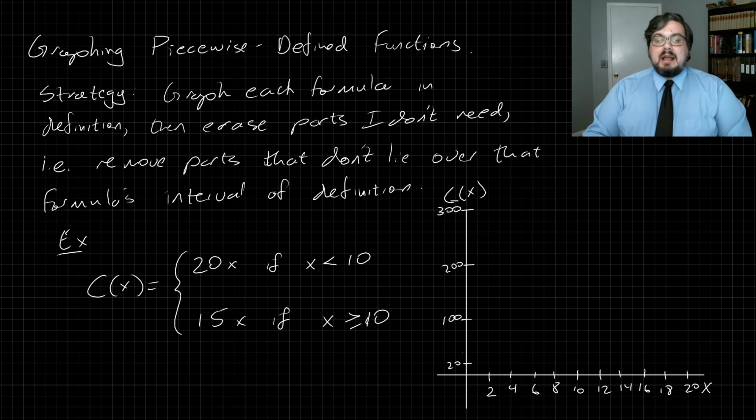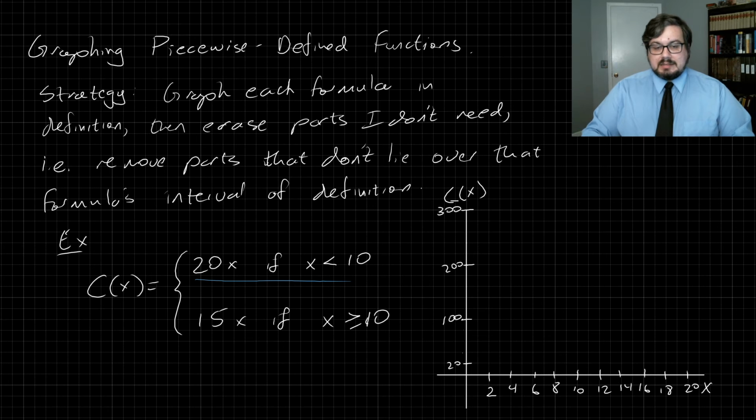So what I will do to graph this function, first I'll go ahead and graph y equals 20x. And for the first stage, I will go ahead and ignore the restrictions over here of x less than 10. I'm just going to try and graph out the function y equals 20x.